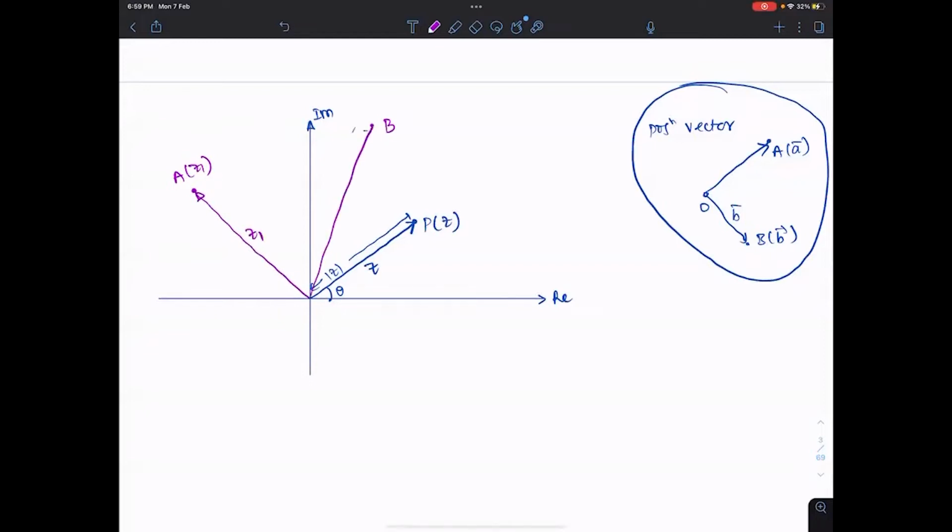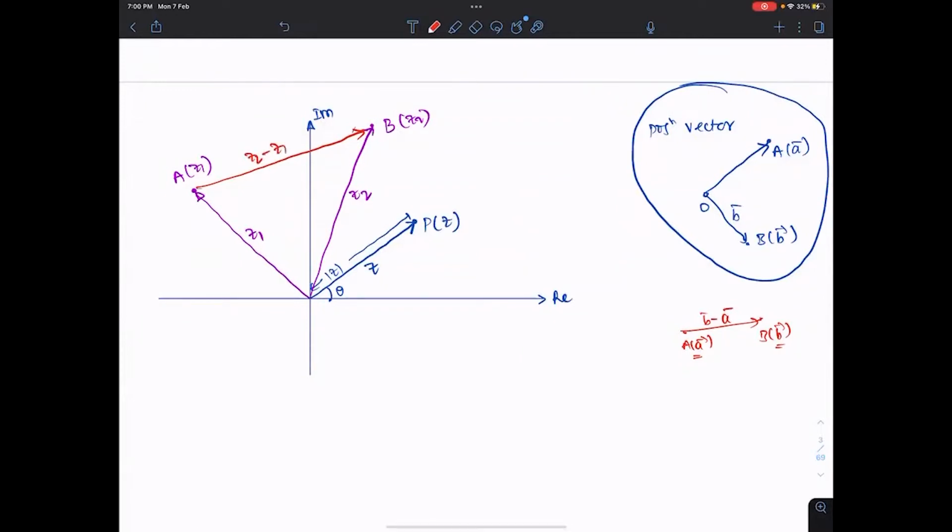Now, in bracket of B, if I write Z2, then that means from origin, if I point B, that vector is Z2. Now, what will be this one? In vectors also we do, no? If you have A bar, B bar, then this vector will be final position minus initial position, B bar minus A bar. So here also it will be Z2 minus Z1.